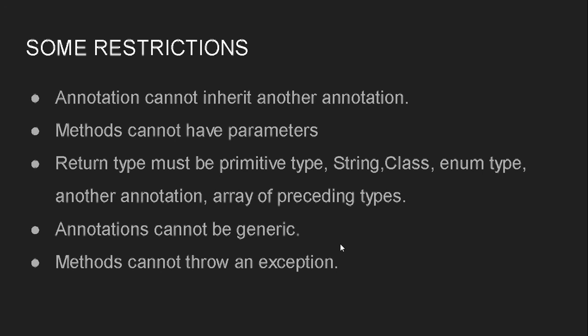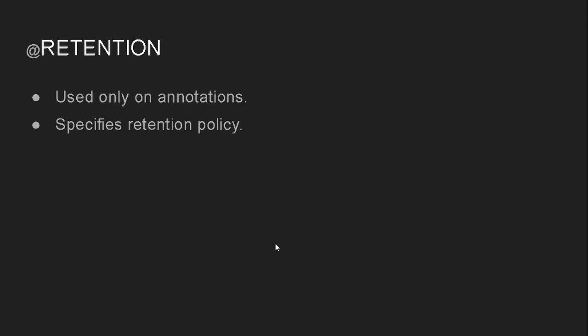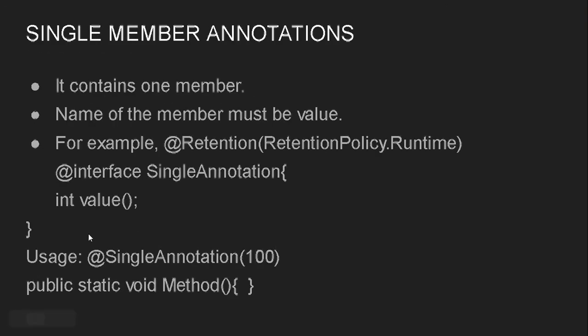Methods cannot throw an exception. Now this particular point, I was just talking about that int value method here. I'm not talking about a single member annotation, I'm talking about a method which is defined in an annotation.